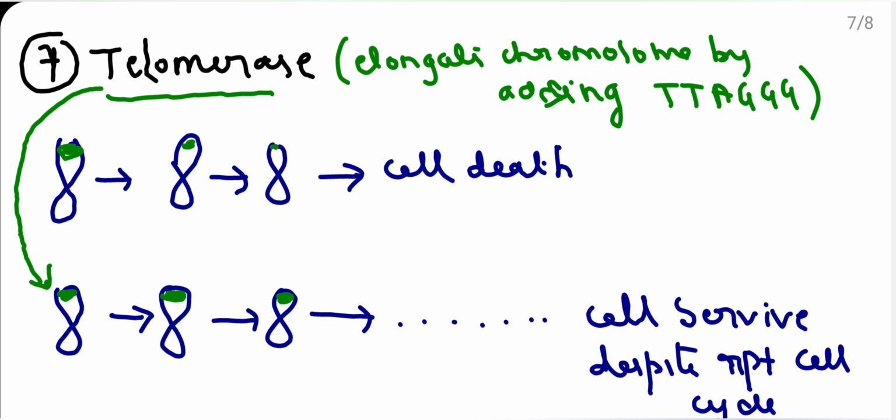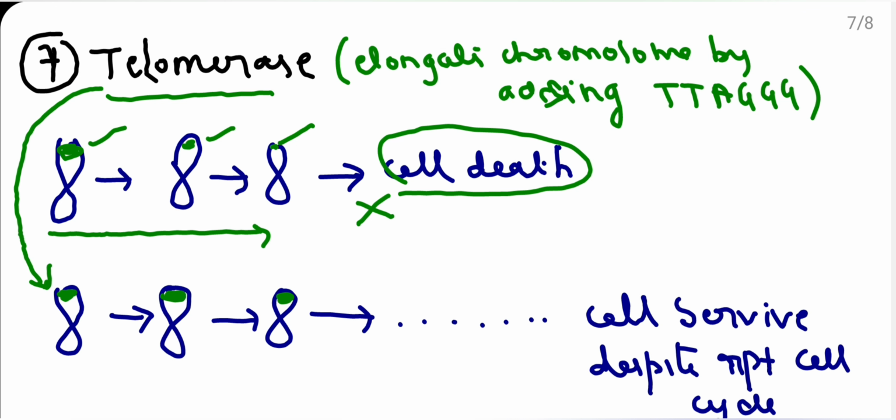Again, telomere itself is a different topic, but to tell in brief, the telomere is present in the chromosome. With each cell cycle, the telomere reduces and finally there is no telomere, and cell senescence or cell death occurs.